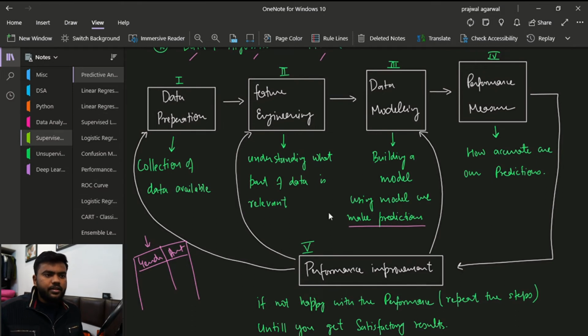So we do some type of performance measure, and if you are satisfied with the result, then well and good. If we are not satisfied, then we do performance improvement, and by doing the performance improvement, we can jump into any step of the life cycle, and we can start again.